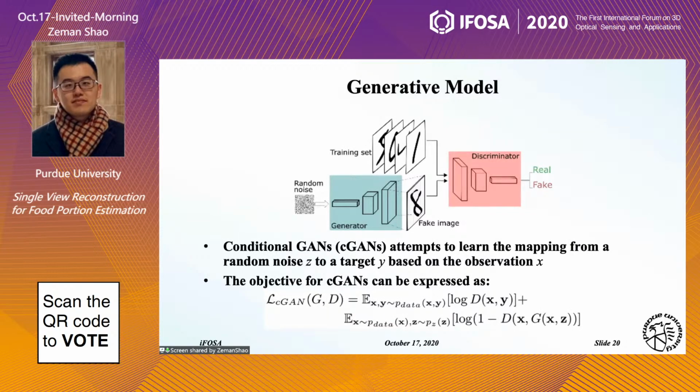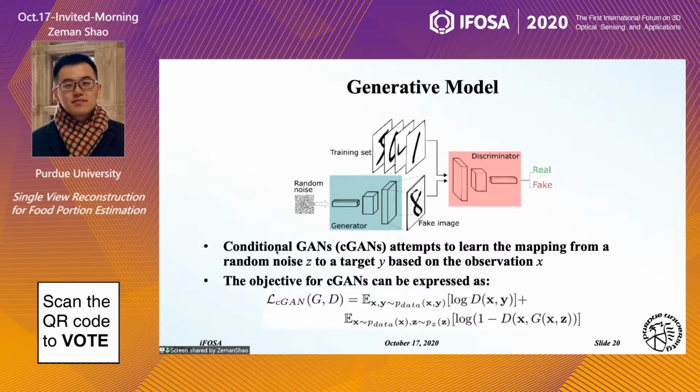As for the generative model, we use a generative adversarial network, the GAN, to generate the energy distribution map. A common GAN has two parts. One is a generator G, which generates the fake data, and the other is a discriminator D, which tries to distinguish between the real data and the fake data.